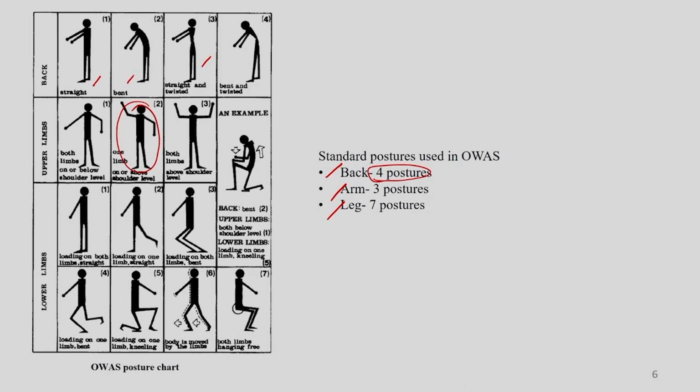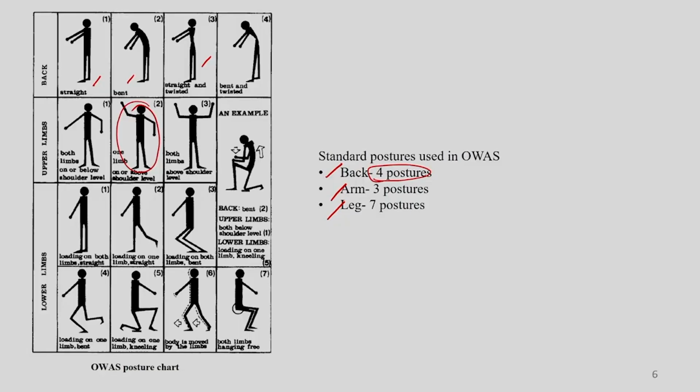It can be either left hand or right hand. In the figure one kind is shown, but it can be left hand up and right hand down, or left hand down and right hand up. That is all possible. So that is 2. The next is 3, when you are working with both hands above shoulder level.